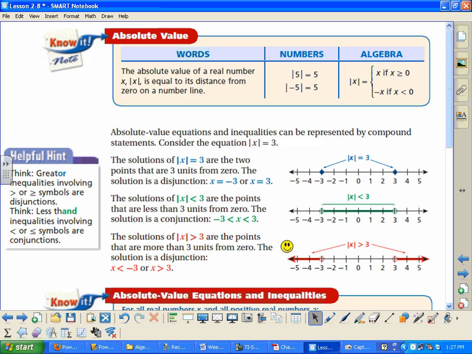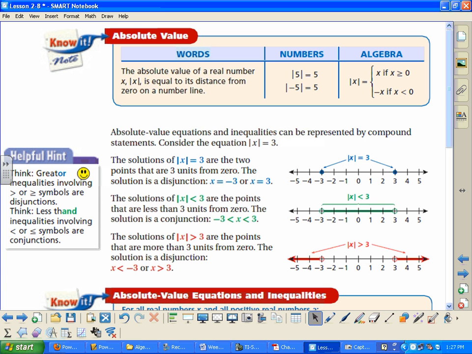Okay? So this thought process here, this helpful hint, we're actually going to use a couple times in this chapter, and also in chapter 5. It says to think greater than inequalities involving greater than or equal symbols are disjunctions.